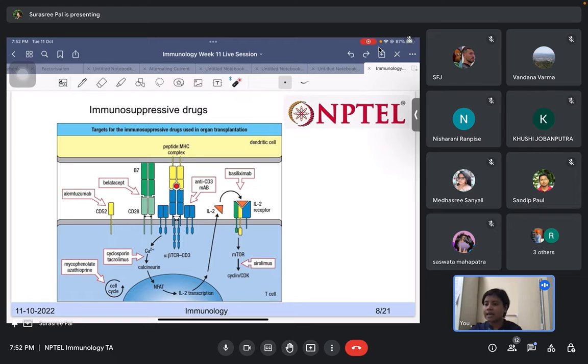So you can see that these are several different drugs which are used to inhibit the proliferation and activation of the T cells, right? Any doubts here? These are all given to the recipient before the transplantation. That reduces any kind of T cell response in the body of the recipient.